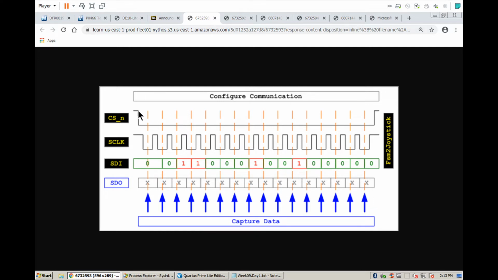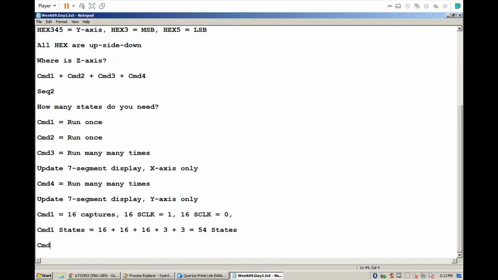You have a similar setup in the beginning and a similar setup in the end. So for command 2, you have 16 captures. Again, you need to capture, but you don't do anything with the values. 16 S clock equal to 1, 16 S clock equal to 0.